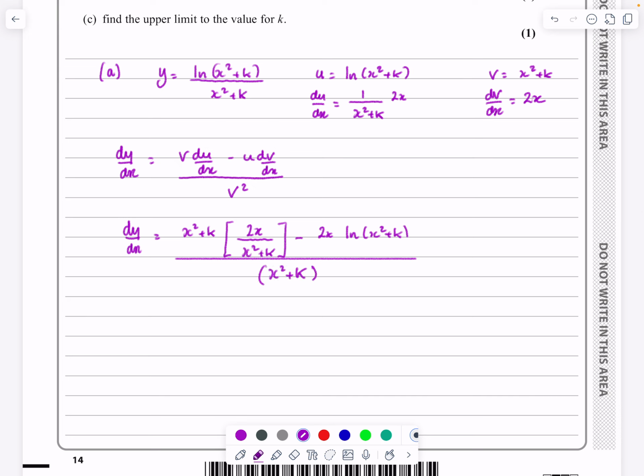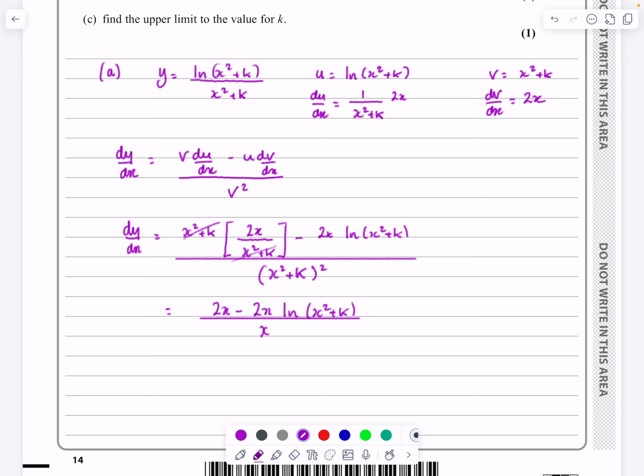x squared plus k all squared. And right, before we start looking at the answer, let's at least sort that bit out there. They cancel out. So I've got 2x minus 2x log of x squared plus k all over x squared plus k squared.